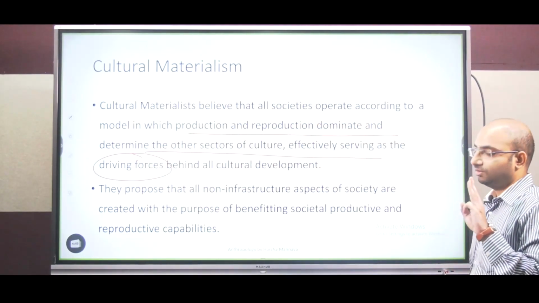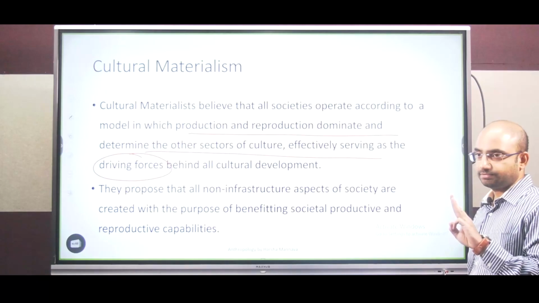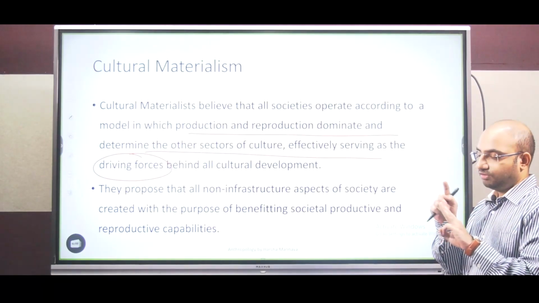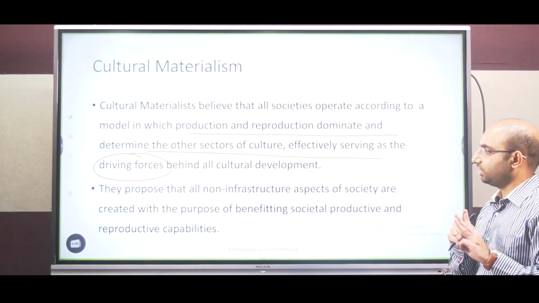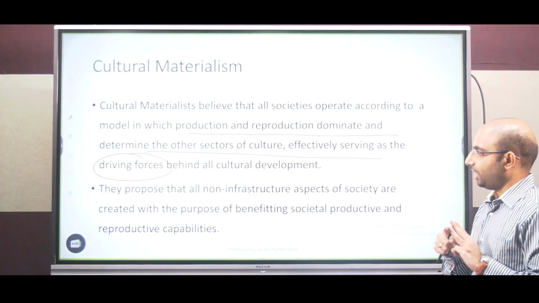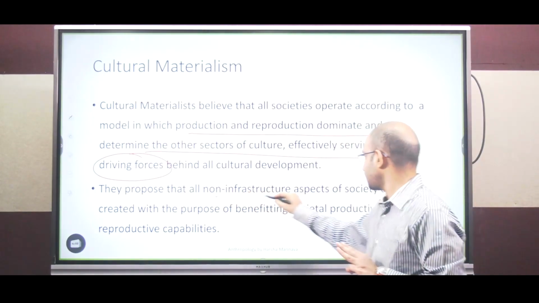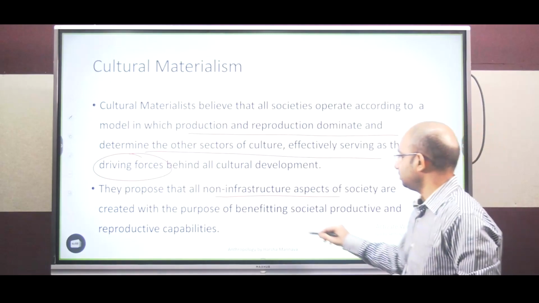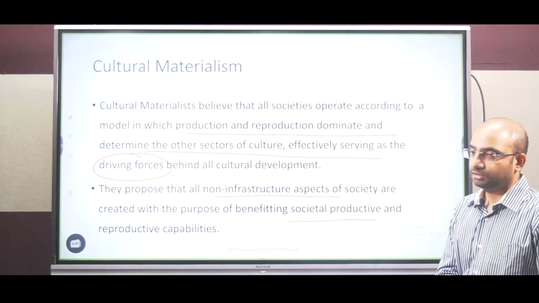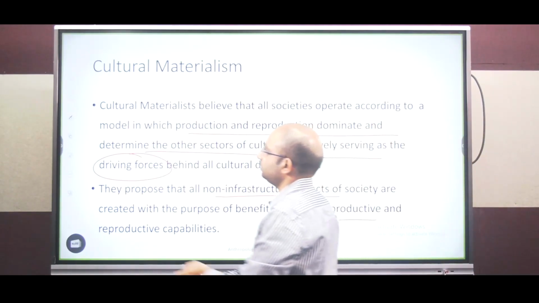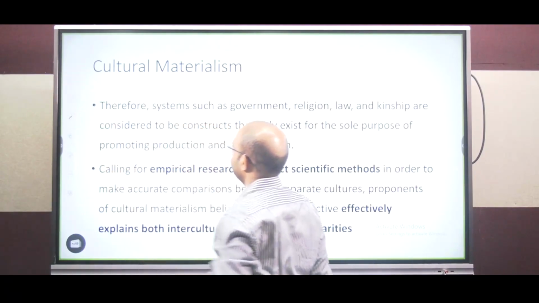So he is saying that we can break down society into three levels, and of the three levels, infrastructure is the most important compared to the other two. And the non-infrastructural aspects are created to serve infrastructural growth.